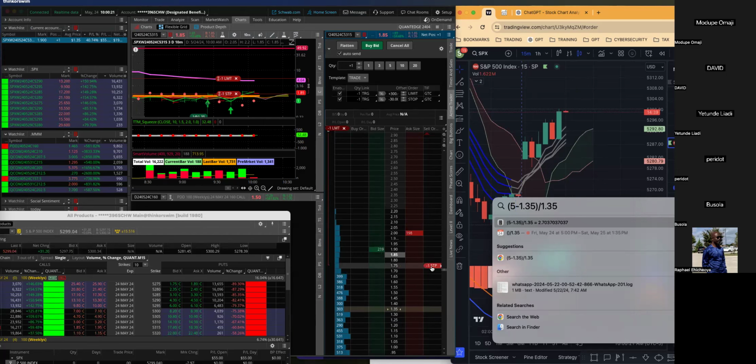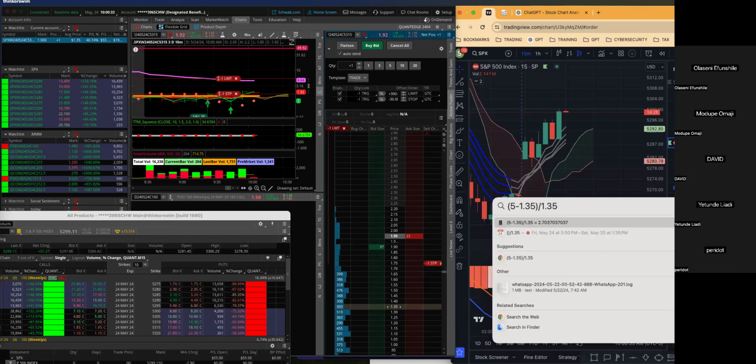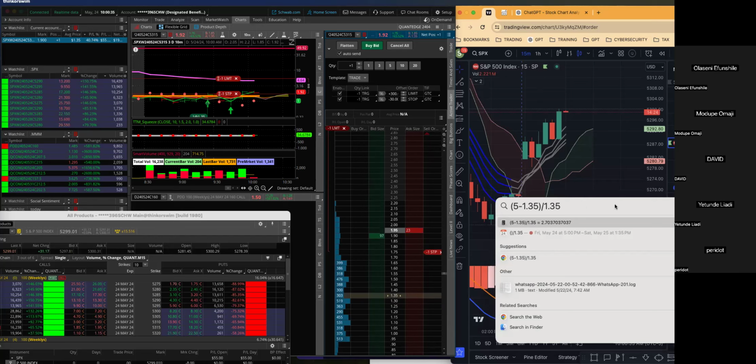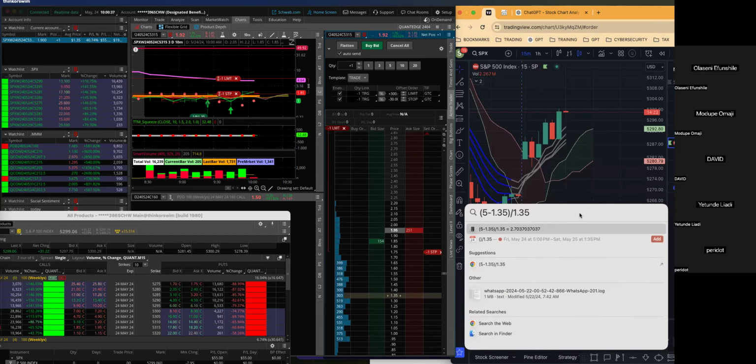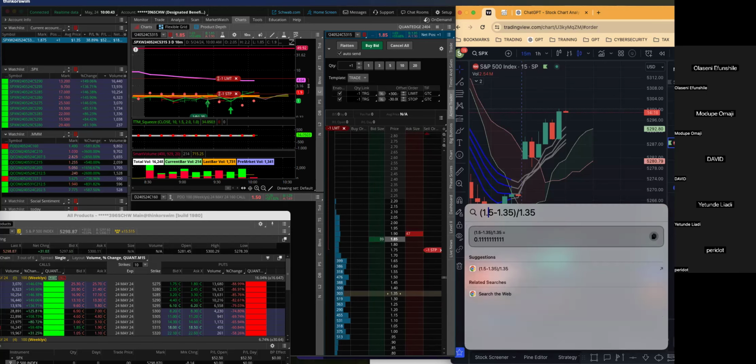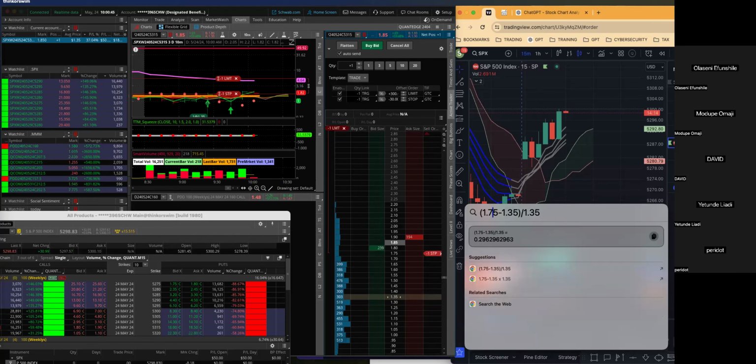I'll keep my stop loss where it is. I don't want to move it down because if it gets here, 1.75, then that's good. So we shall hope. 1.7, that's 29%.